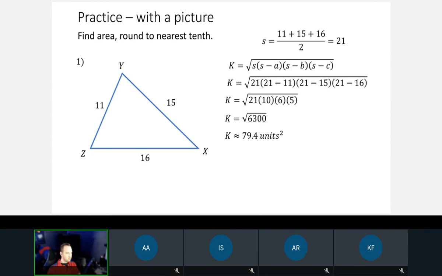But then you come to radicals like the square root of 6300 and brain power is just not enough. So then we have to type it in.